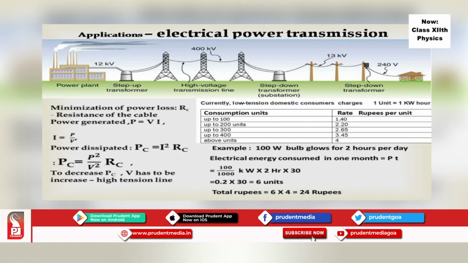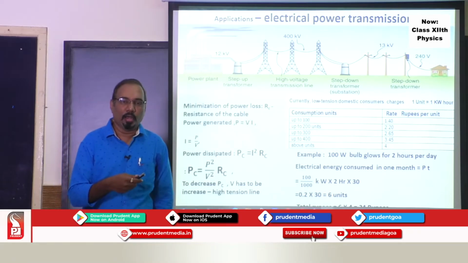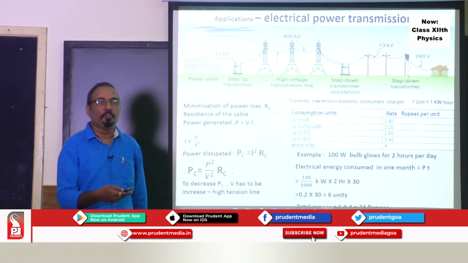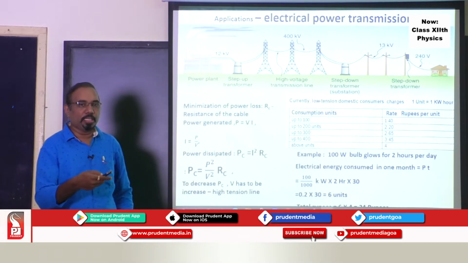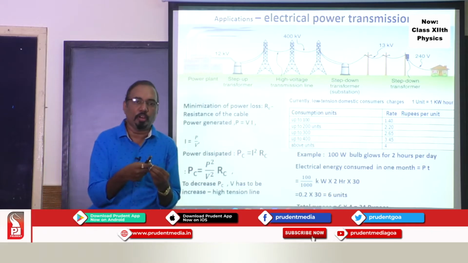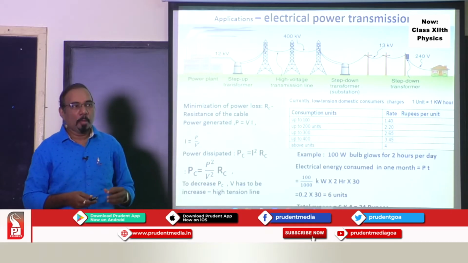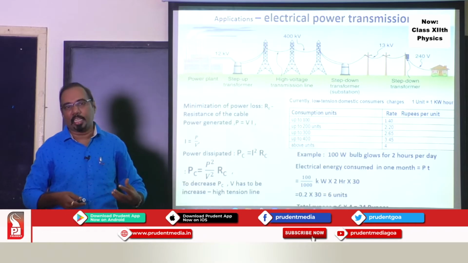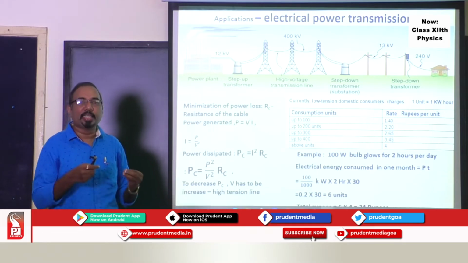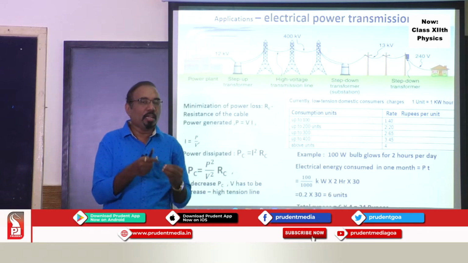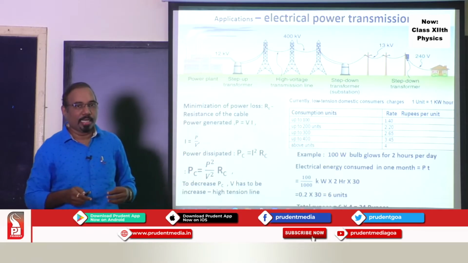Now, for the electrical energy which is transported with the help of a cable, there is a lot of loss of energy that can take place. But in this electrical transmission, how is the energy loss curtailed? Let's try to understand that also.